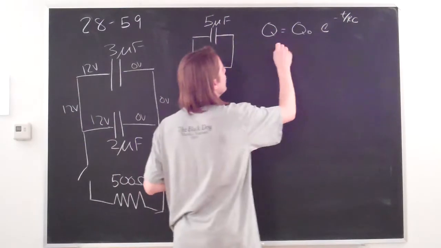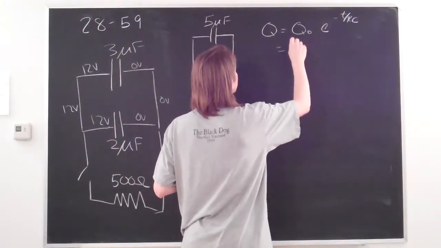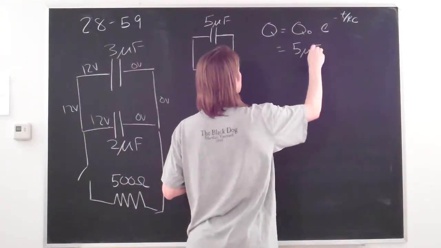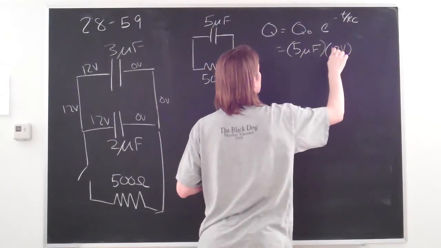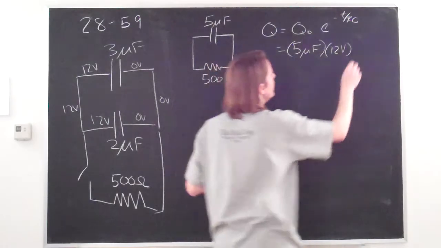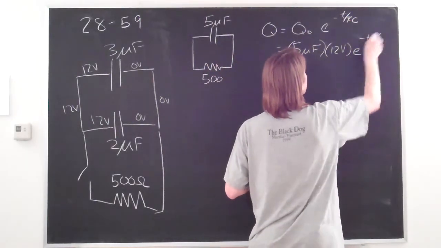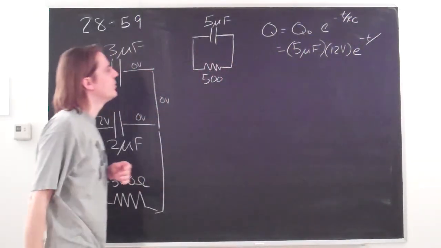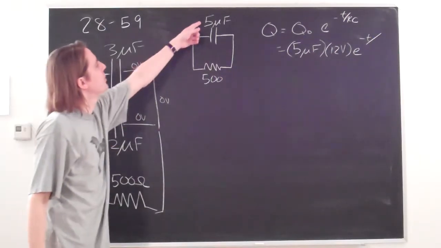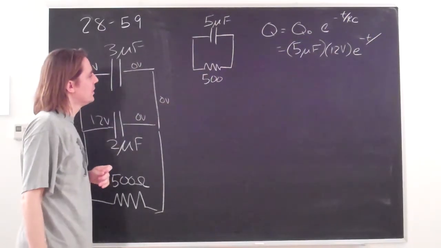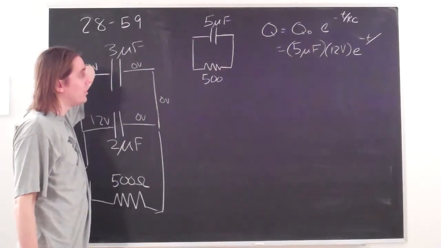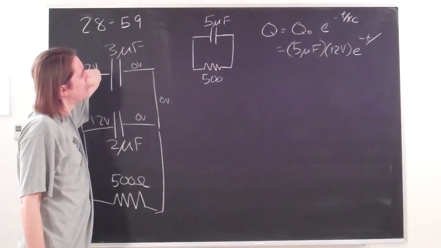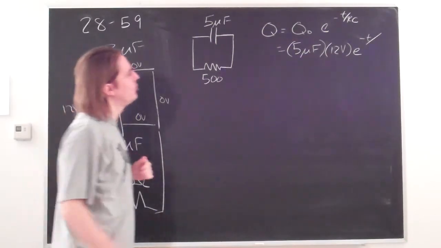That's a capacitance of 5 microfarads times 12 volts. So there's your Q naught, times e to the minus t over RC, where it's the equivalent capacitance. R is 500 times 5, which is 2500, but times 10 to the minus 6. So that's 2.5 milliseconds.